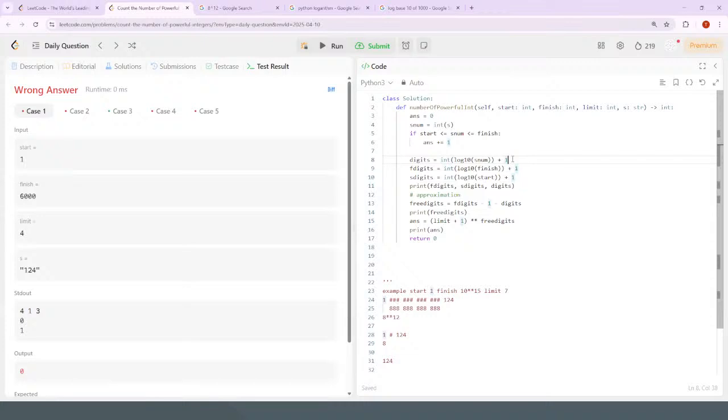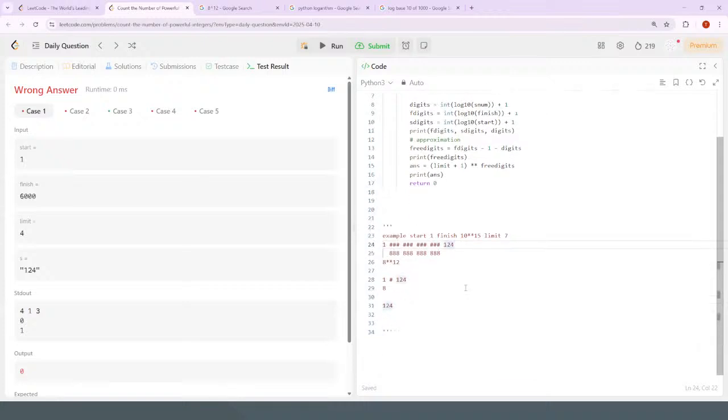It should be just the length of the string. So for each, maybe I'm just overcomplicating this. So I have a starting number of digits, and then I have some starting number of digits, which is your suffix.